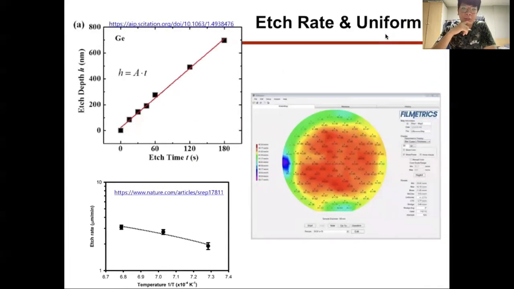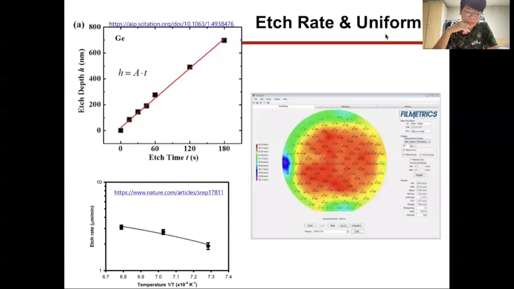In the etch process, the etch rate and uniformity are very important parameters. The etch rate is defined as how much we can etch through a certain time period.